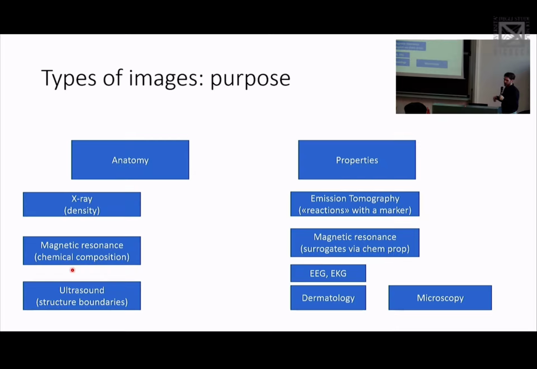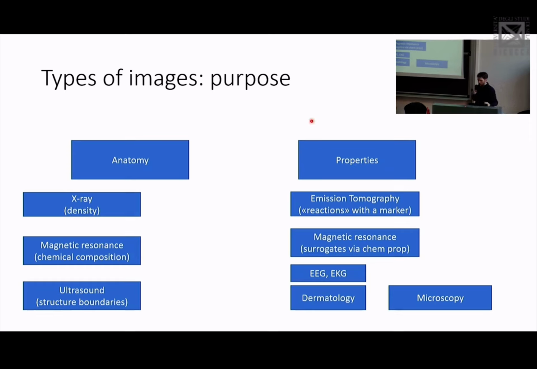Magnetic resonance is sensitive to chemical composition, so even within an organ you can see blood vessels, fat, water, you see them extremely different, and the relative shape of each of these parts gives you a pattern of healthy or non-healthy. Ultrasound sees structure boundaries.